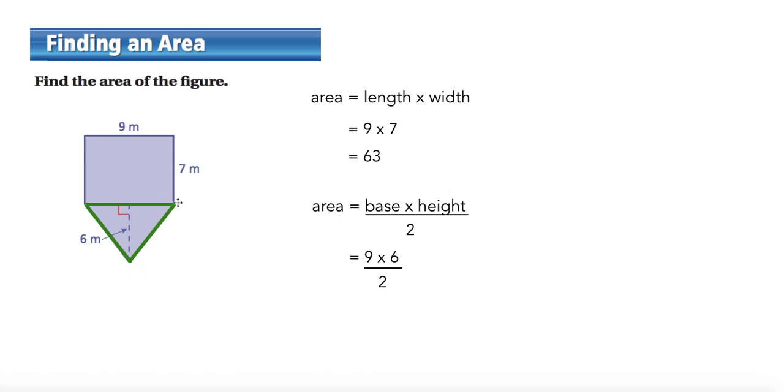I can say that 9 times 6 divided by 2 will give me my area. 9 times 6 is 54, and 54 divided by 2 equals 27. The last step that I must do is combine the areas of my two shapes. So 63 plus 27 equals 90 meters squared.